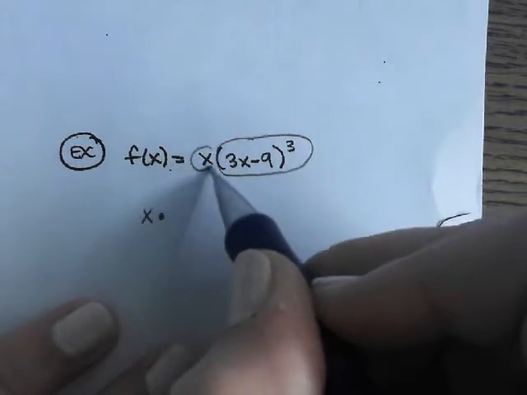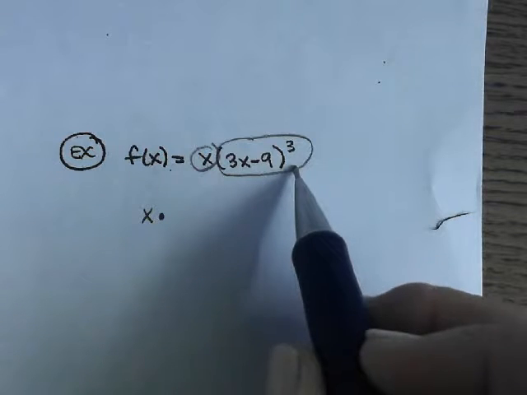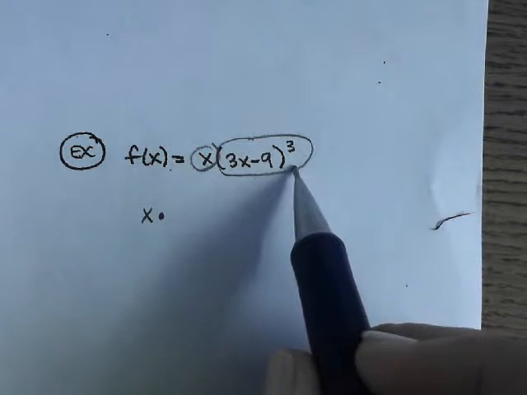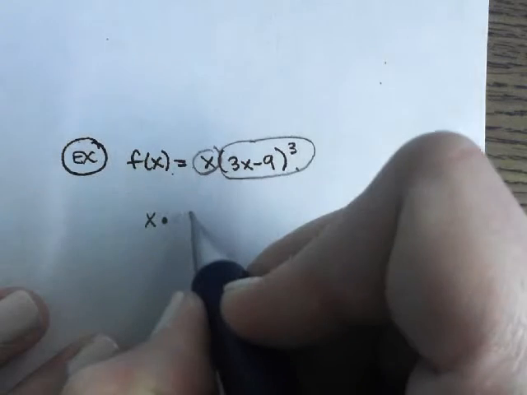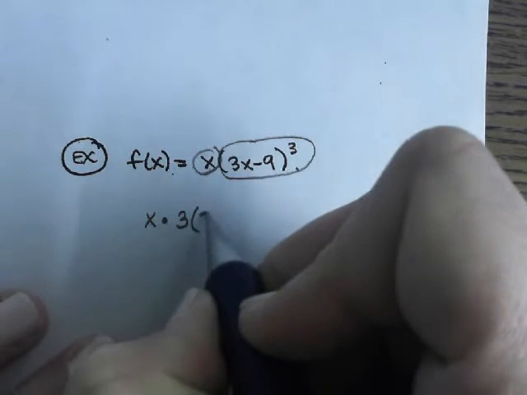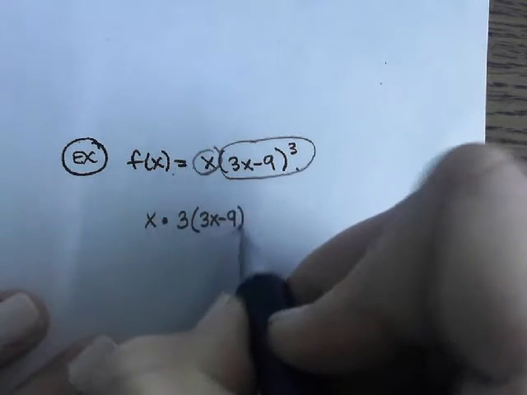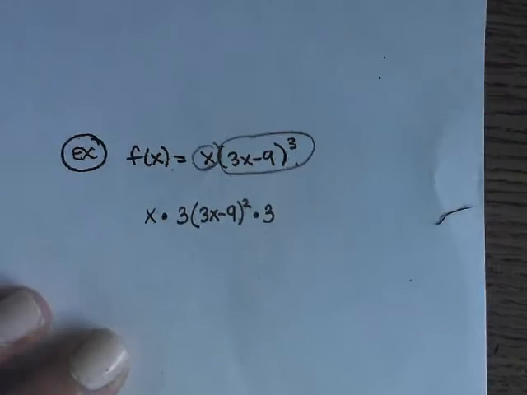Now the derivative of the second is going to take the chain rule within it. So it's a chain rule within the product rule. So here's your first times your derivative of the second. So that's going to be bringing a 3 down, leaving your 3x minus 9 squared times the derivative of what's inside, 3.